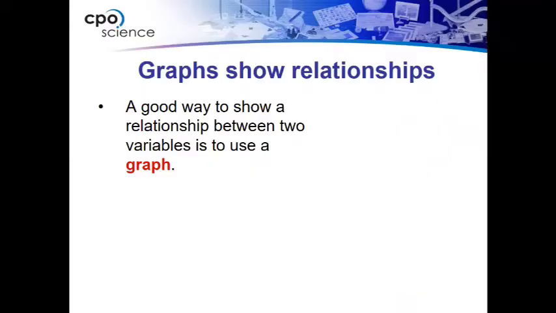A good way to show relationships between two variables is to use graph. So para makita po natin, ma-determine po natin yung relationship ng dalawang variable. One way, good way to show it is by using graph.